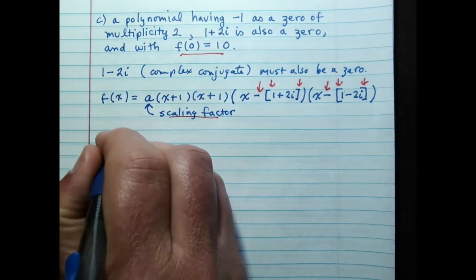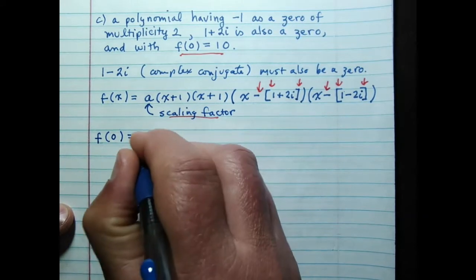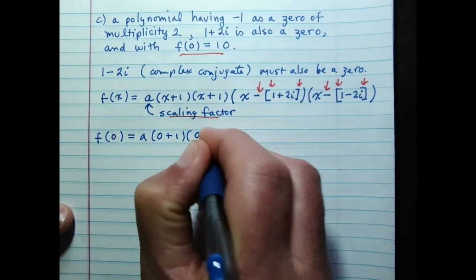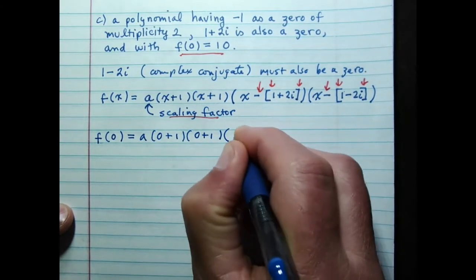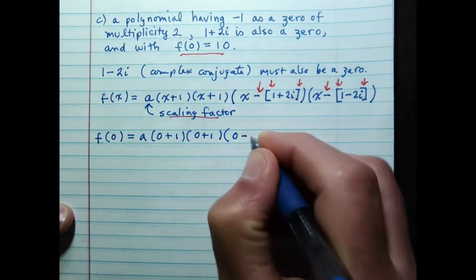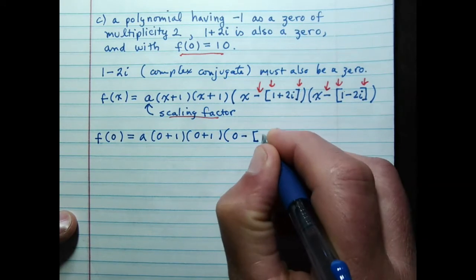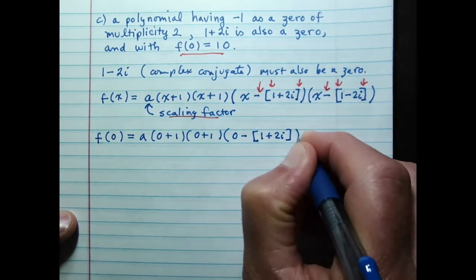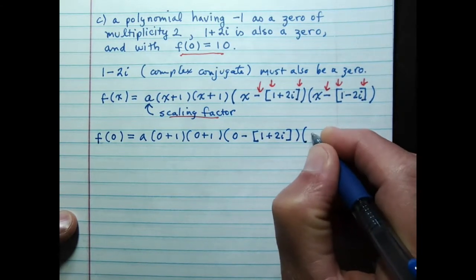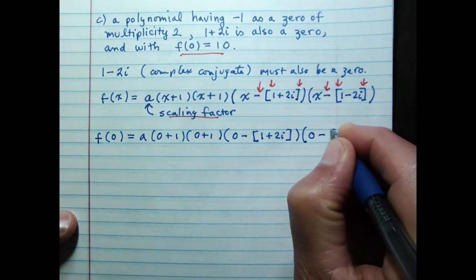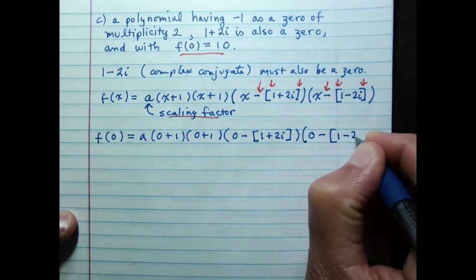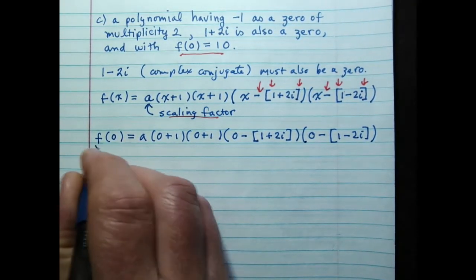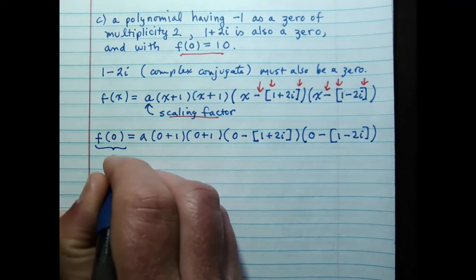We want f of 0, which would be a times 0 plus 1, 0 plus 1. Now this is 0 minus the square bracket 1 plus 2i, square bracket, parentheses, parentheses. So just writing this down, I realize, is a pain. I just put 0 in place of x, and we want f of 0 to come out to be 10.